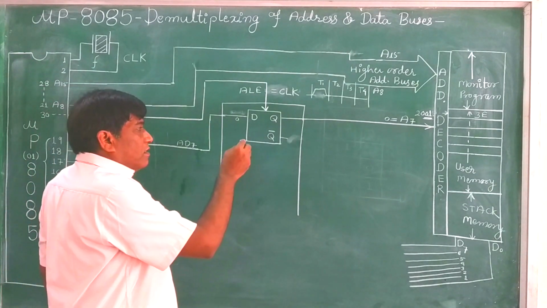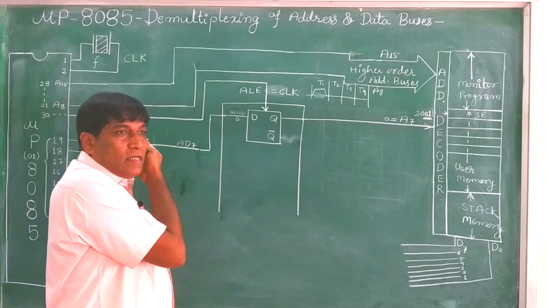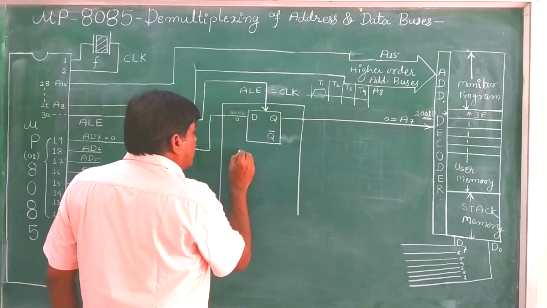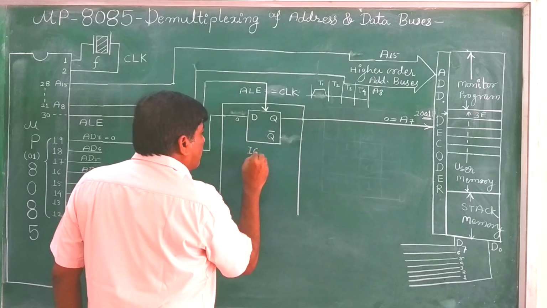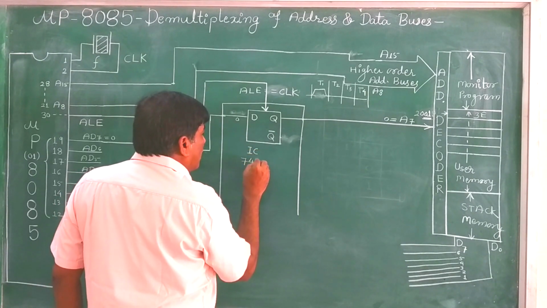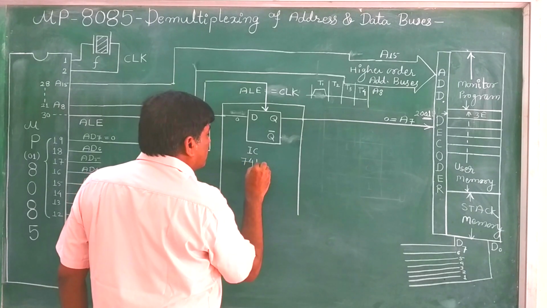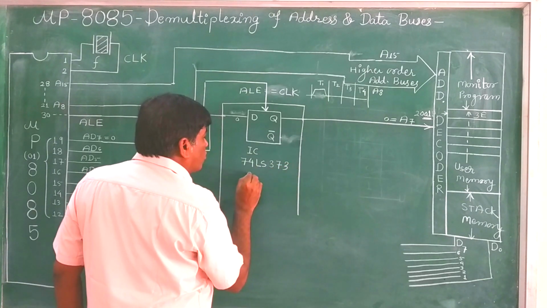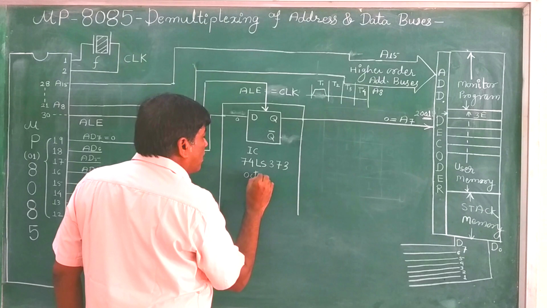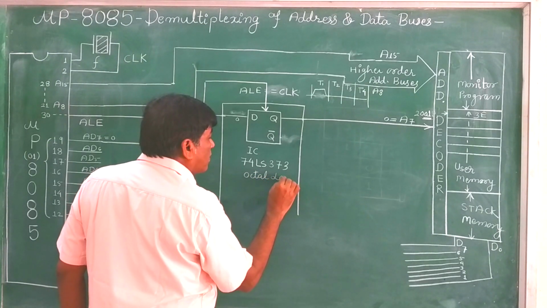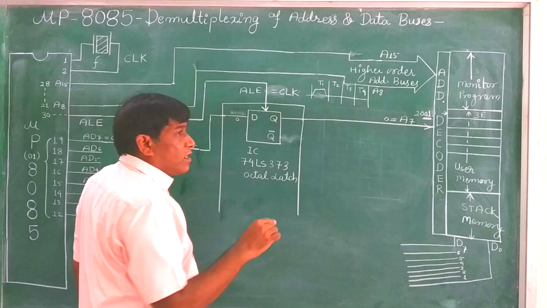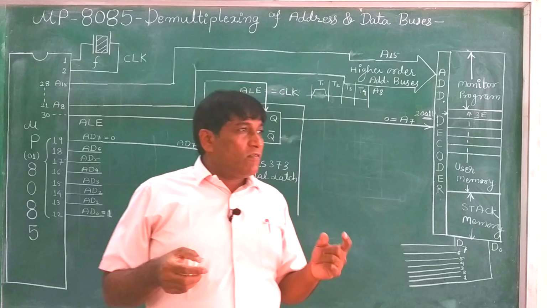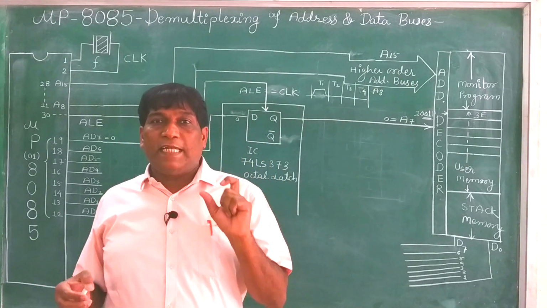Now, for seeing the complete diagram, as we have already explained, one flip-flop. Actually, we are using IC 74LS373, which is an octal latch. Octal means 8, so we have 8 flip-flops in that.